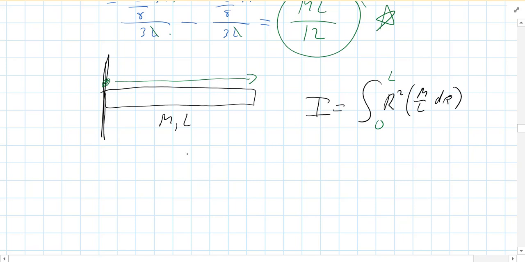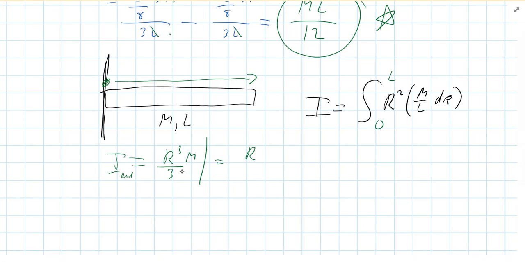So you end up with the following. The moment of inertia about the end of the rod. Now we're holding it at the end. You still get your r cubed times m over 3L, but now you're evaluating it, oh wait, pardon me, that is 3L. Let me go back.